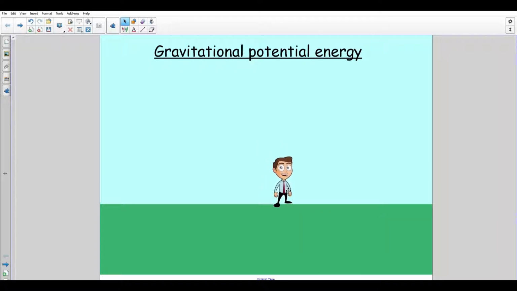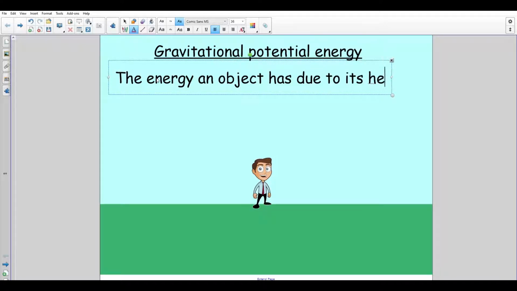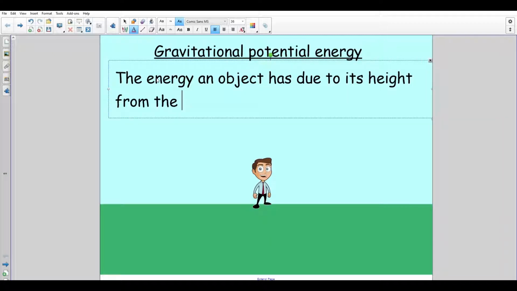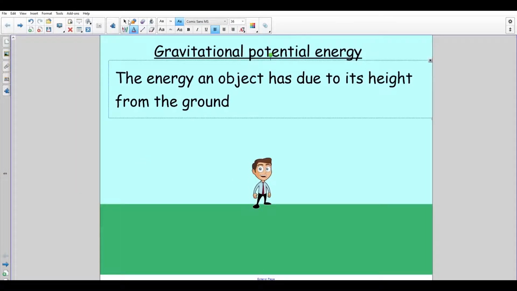Every time he jumps up in the air, he's gaining gravitational potential energy using his chemical energy, because gravitational potential energy is the energy an object has due to its height from the ground. Okay, so that is the first factor that affects the gravitational potential energy something has: its height from the ground.